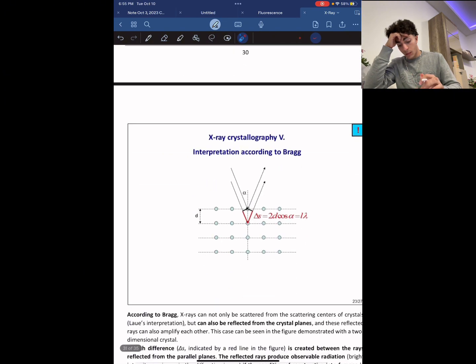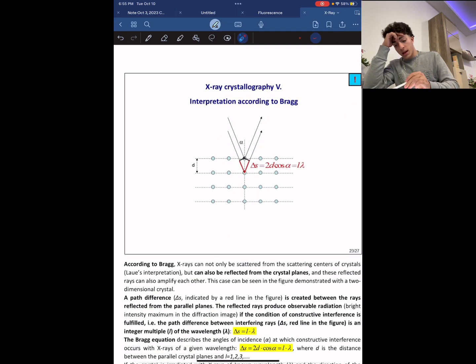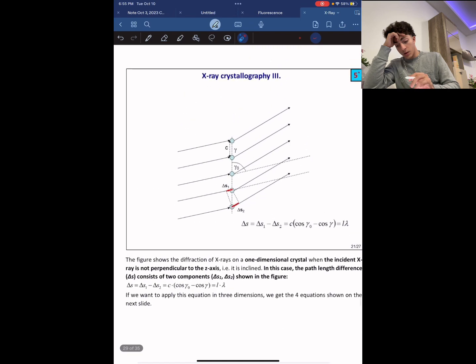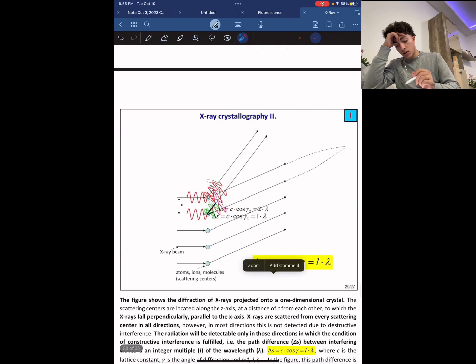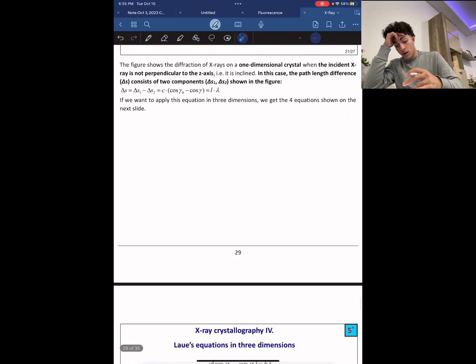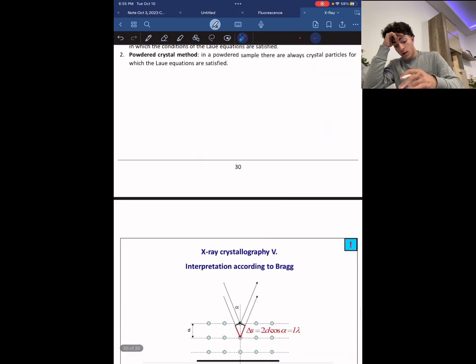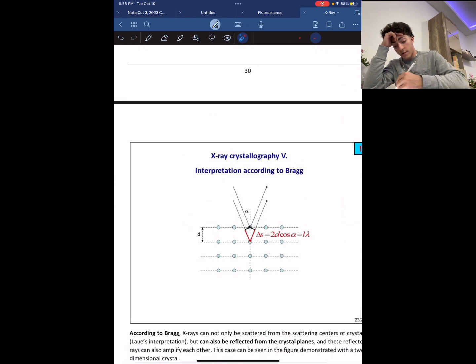Okay. So then we have interpretation according to Bragg. When we went through Laue's interpretation, this was refraction. Hit something, go somewhere else. In Bragg's interpretation, we have reflection.